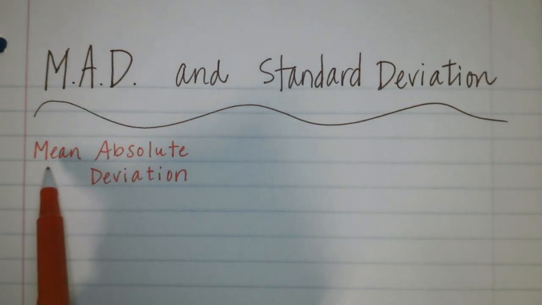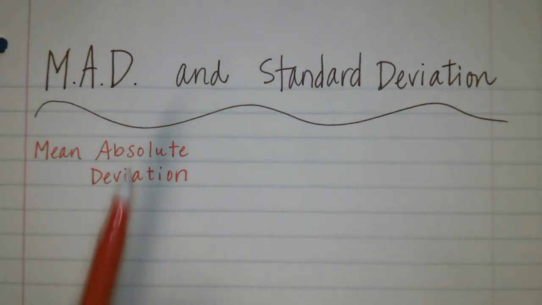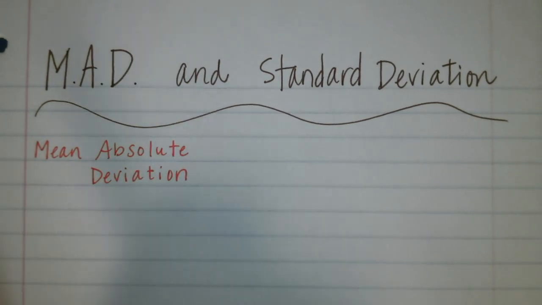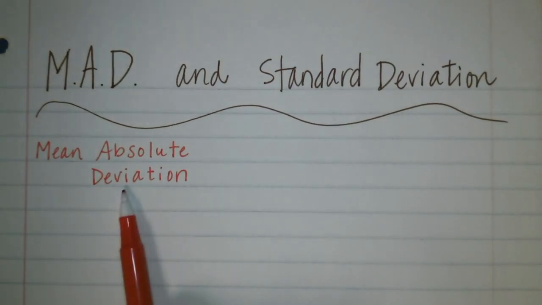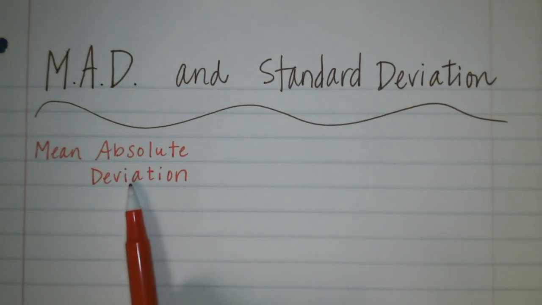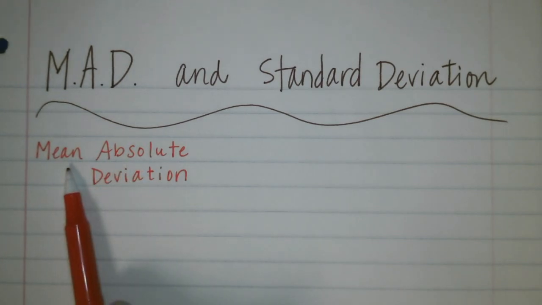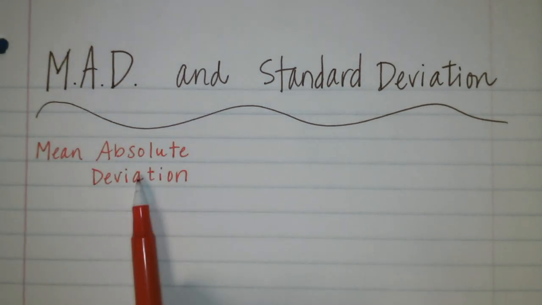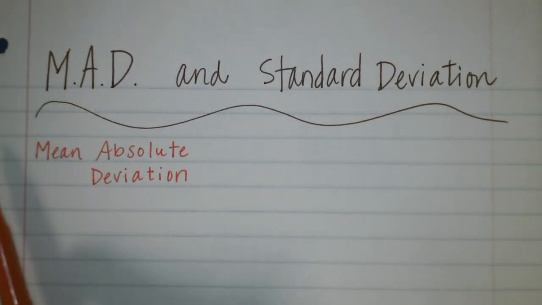The mean is the average, and absolute is absolute value. So basically what we're looking for is how far away our information is from the mean. So how far does our test score deviate from the average?